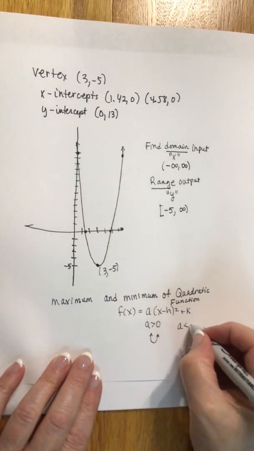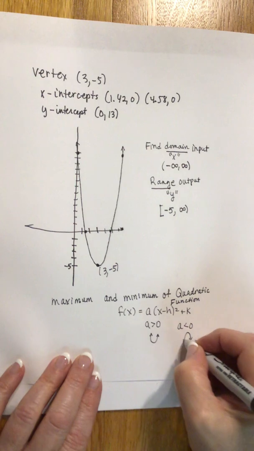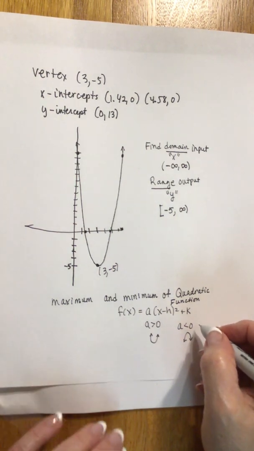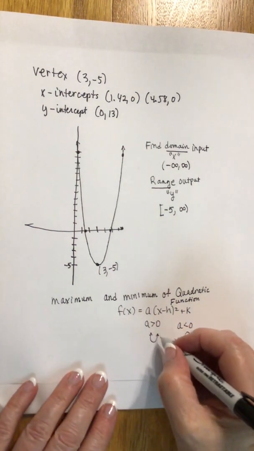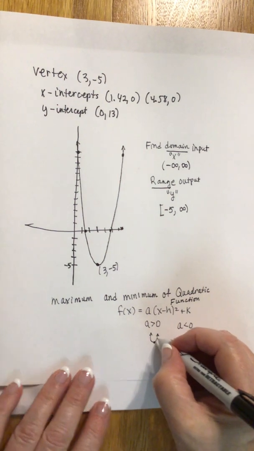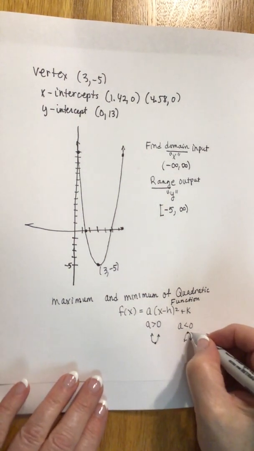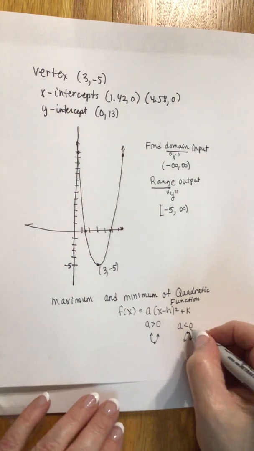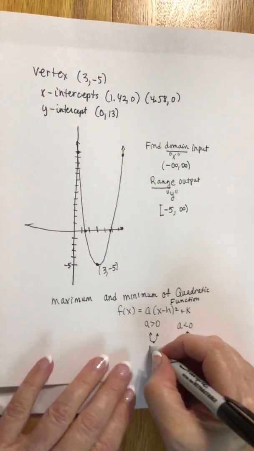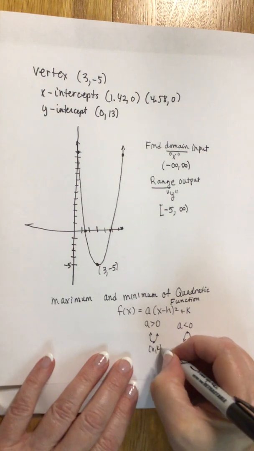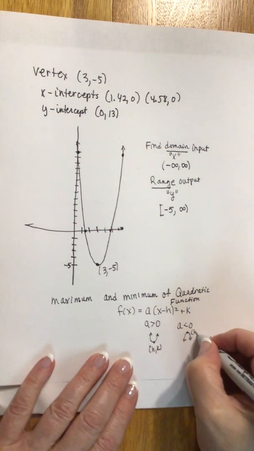And if a is less than 0, it's going to open down. So what does that tell us? If it opens up, then this vertex down here is going to be the minimum. And if a is less than 0 and it opens down, then you're going to have a maximum. So this is my (h, k). And this is my (h, k).